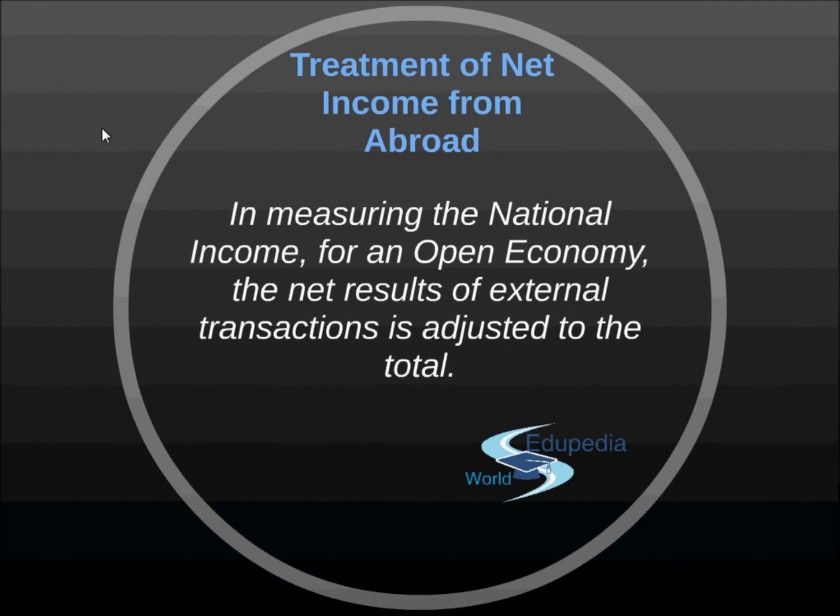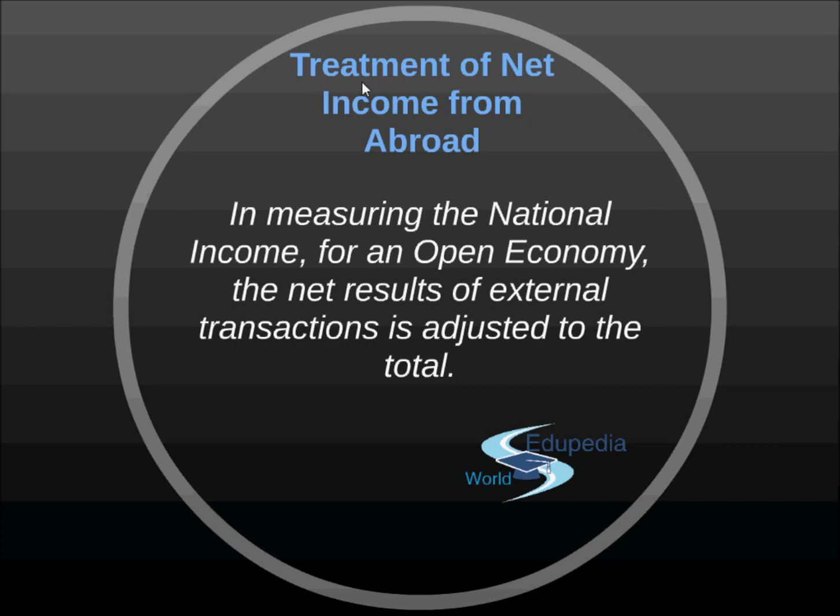Now, the methods which we have discussed in order to calculate the national income, we were assuming that in those cases the economy is a closed economy. That is, there is no economic transactions with other economies of the world. Now, because all the economies generally are open economies in nature, what we need to do is, after getting the result from any one of the methods of calculating national income, we do the adjustments related to open economy.